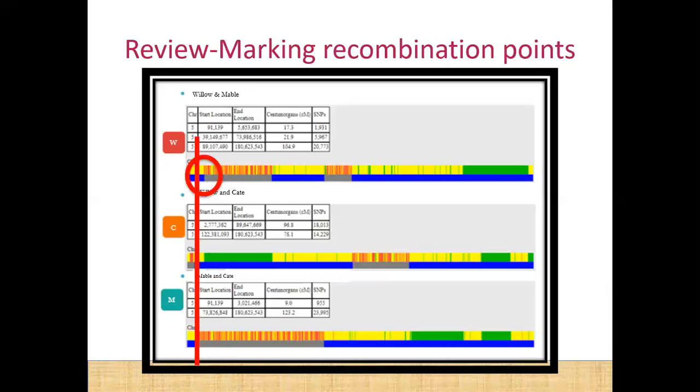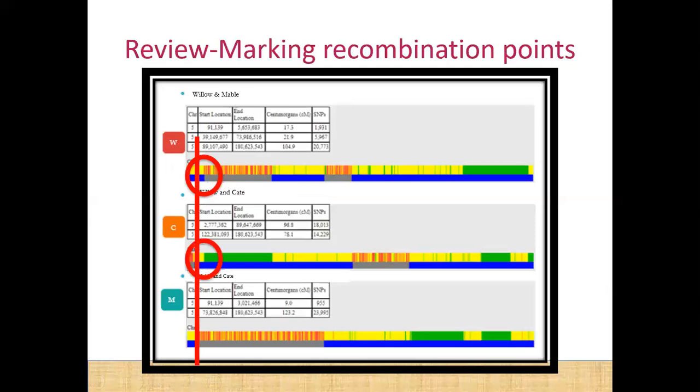Our next change happens in the Willow and Mabel comparison, where we see a half match, yellow on the top, blue on the bottom on the right side of that line of recombination, followed by this gray-brown bar at the bottom, meaning no match.